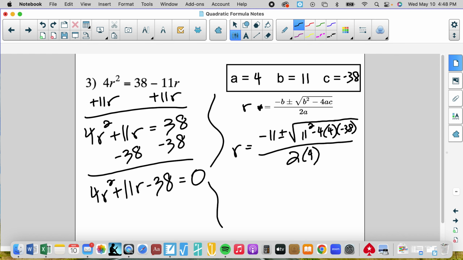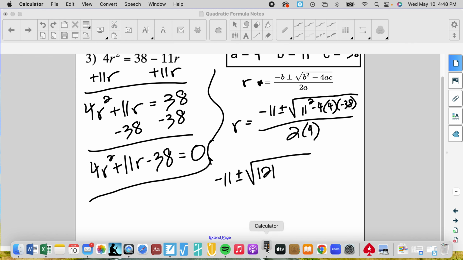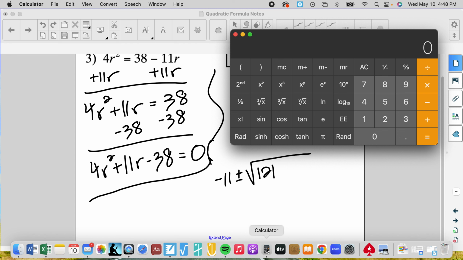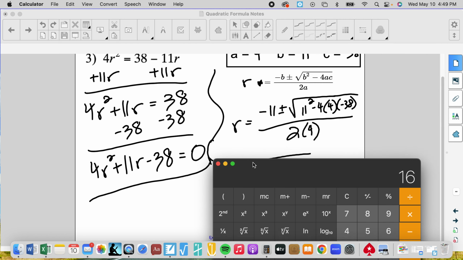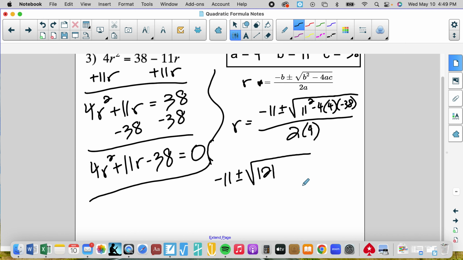So we get, let's just partition that off. Negative 11 plus or minus the square root. 11 squared is 121. Negative 4 times 4 is negative 16. And negative 16 times negative 38 gives me positive 608.